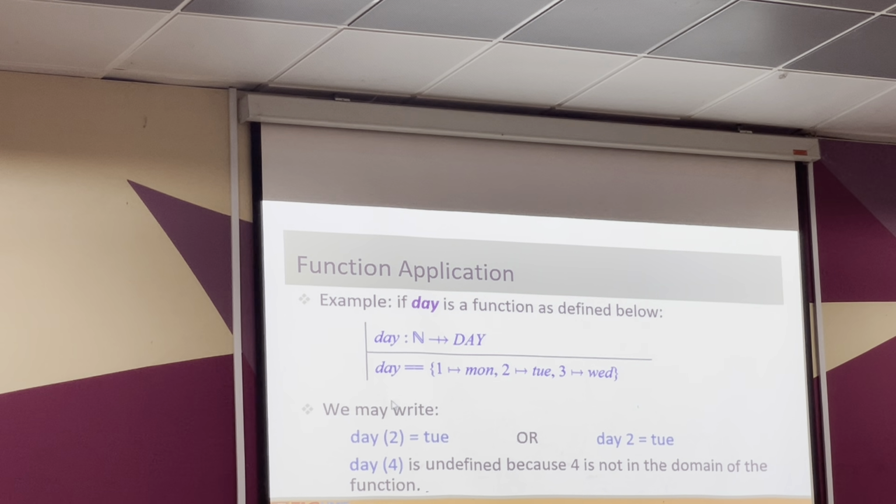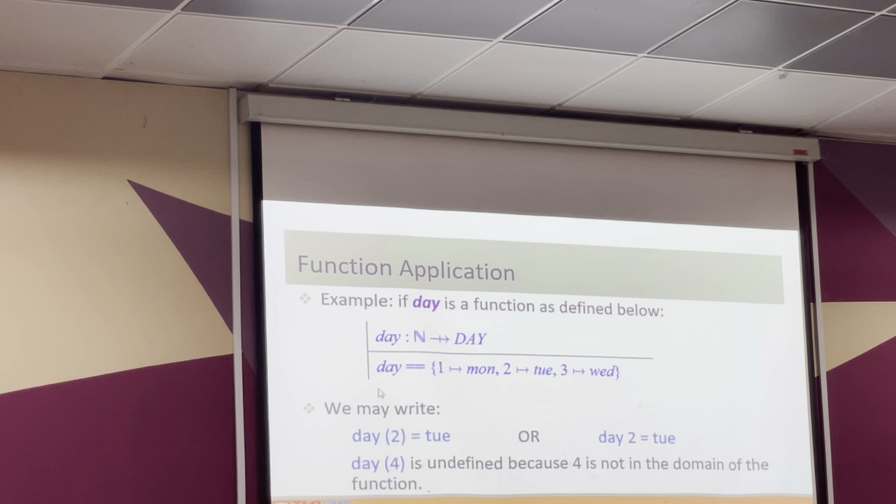So this is another example. You can put with or without bracket. So day is your variable. If I put 2, I will get Tuesday as the result. Or without bracket, I will get the same answer. So don't get confused when you see day 2 here; you will assume which day.